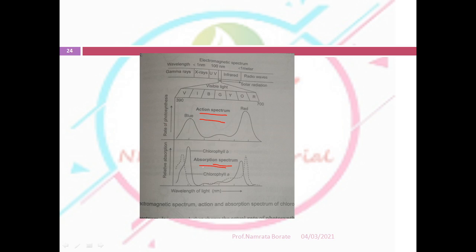The second difference: the absorption spectrum is the graphic representation of the amount of light of different wavelengths absorbed by the pigments. The action spectrum is the graphic representation of the rate of photosynthesis at different wavelengths of light.